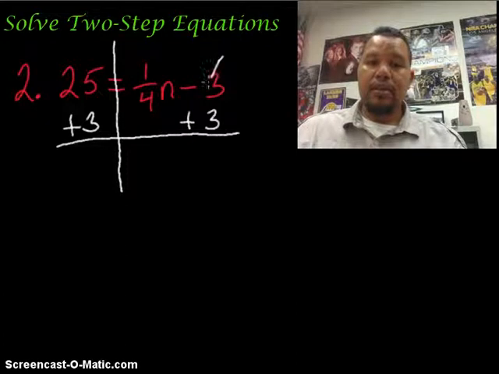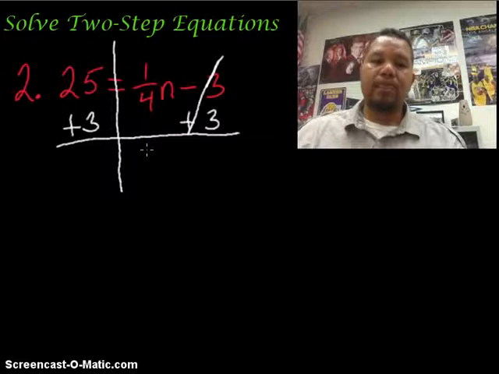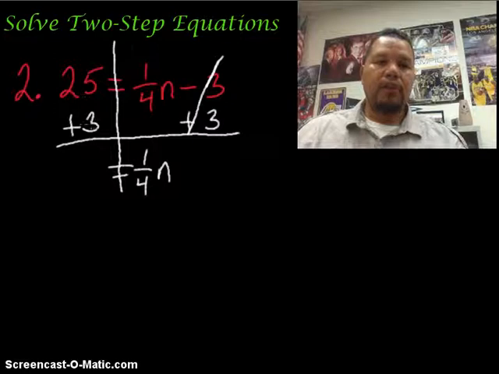So these things cancel out. Minus 3 plus 3, you see how they're opposites? They cancel each other out, leaving me with 1/4 n on the right equals, on the left I have 25 plus 3, which is 28.